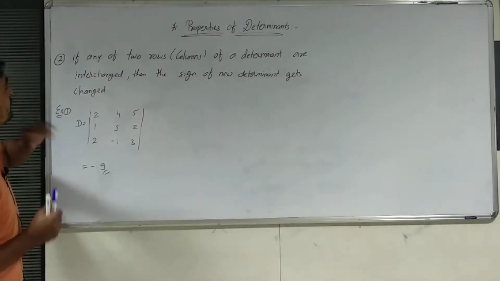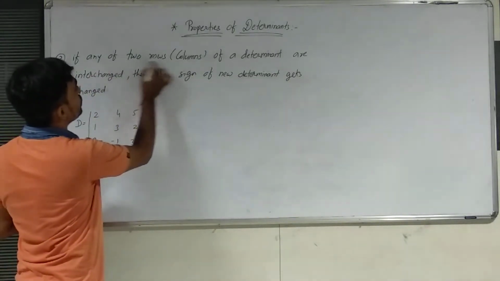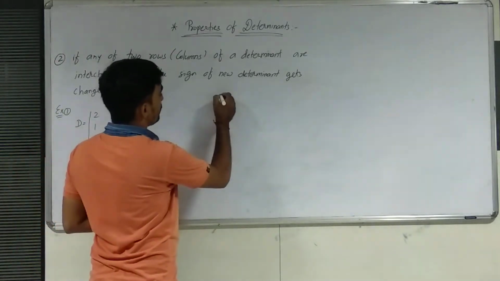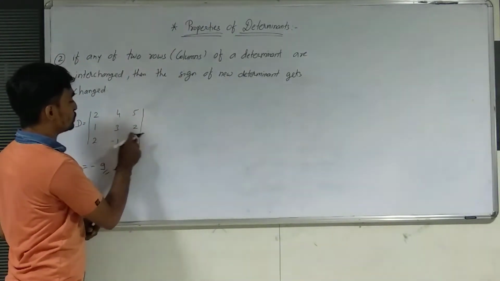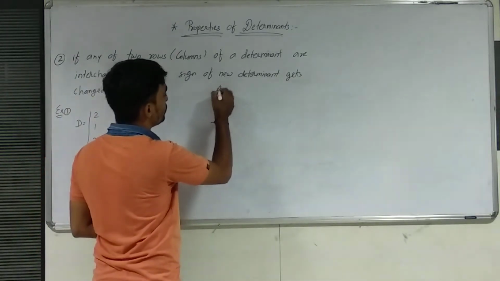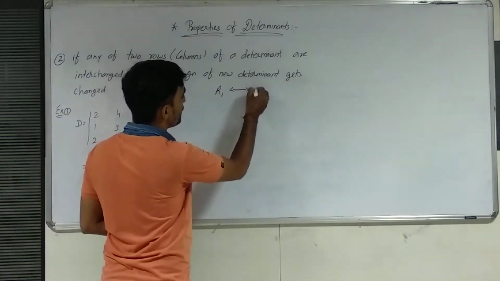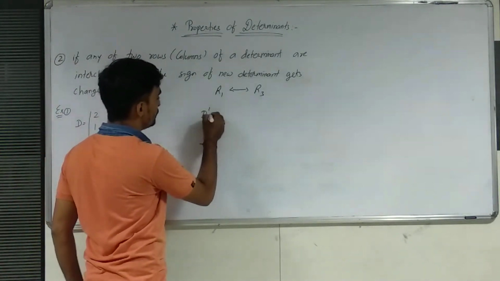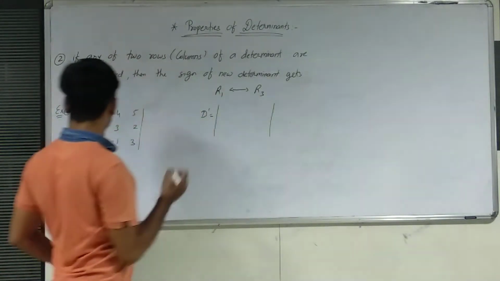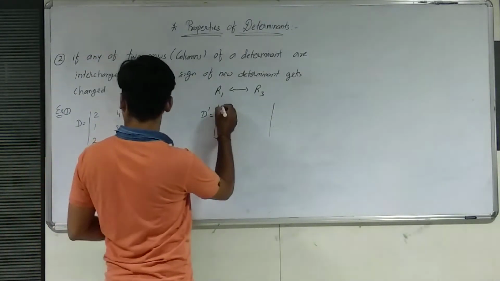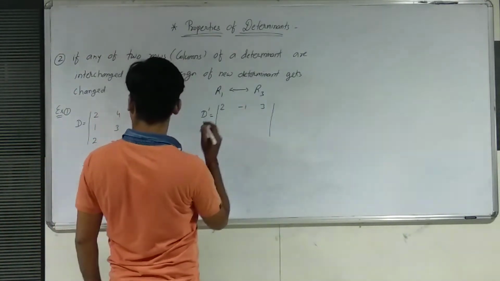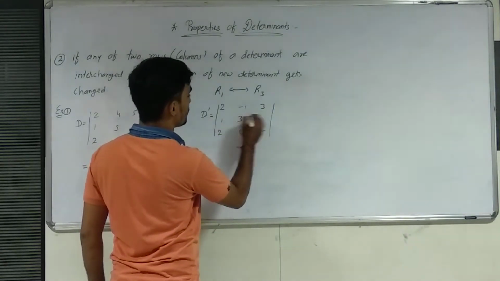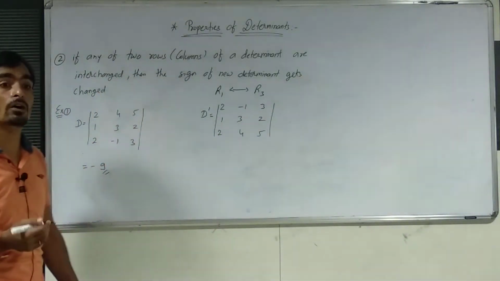Now what does the property say? If any two rows or columns are interchanged, what do we get? Suppose this is row 1, row 2, row 3. Row 1 is interchanged with row 3. So D dash equals 2, minus 1, 3; 1, 3, 2; 2, 4, 5. What do we get as the answer?